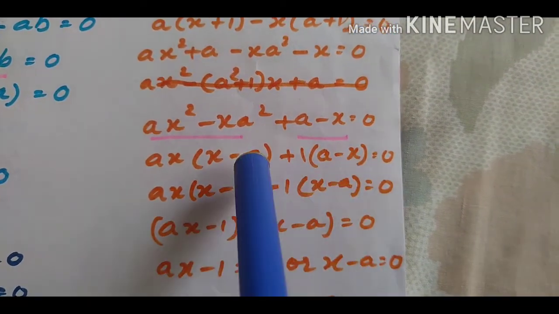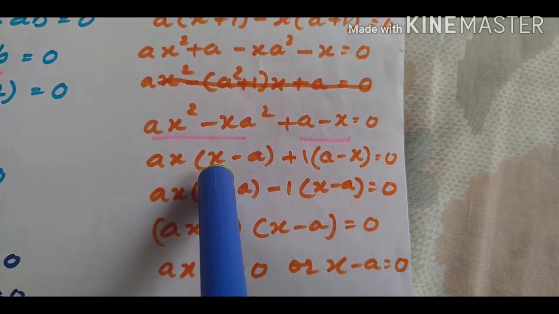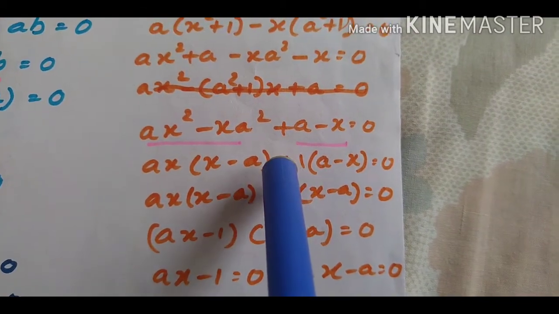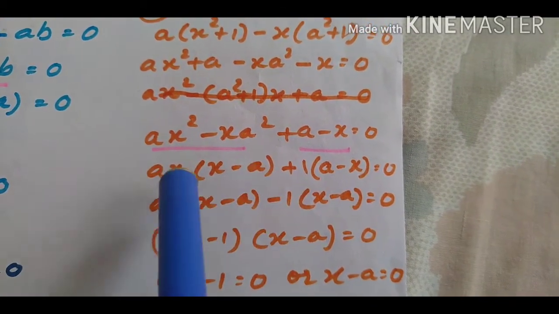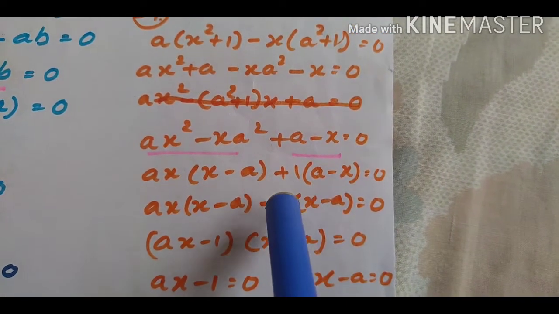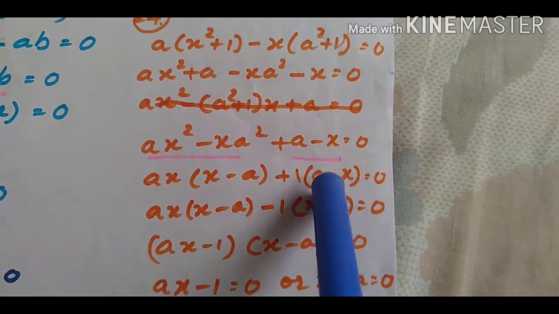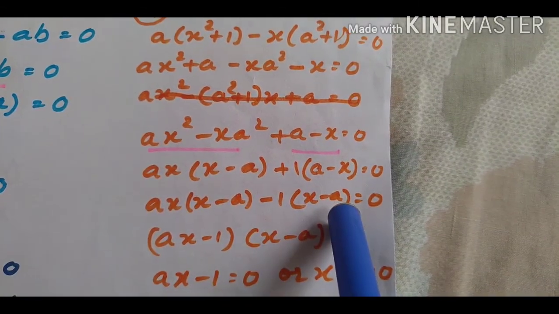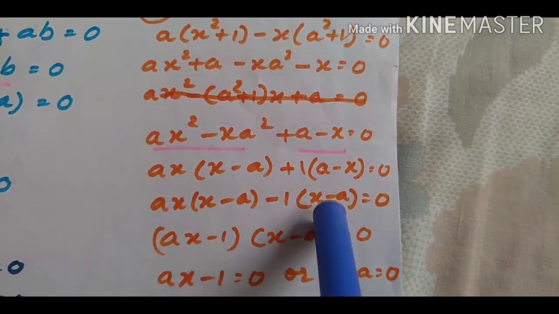Now observe that these two brackets must be equal. If not, you have to check whether something is wrong, or you have to change the sign here. If you change plus to minus and interchange the places in the bracket, then you get exactly the same bracket.